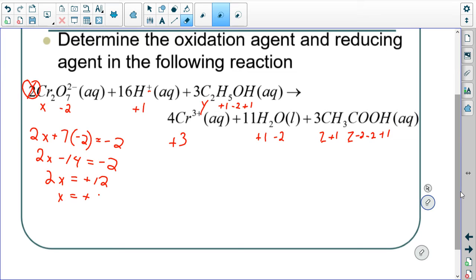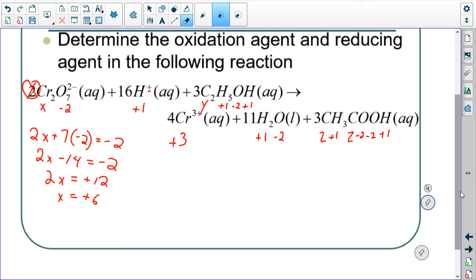X is equal to +6. So this chromium is a +6. Each of those chromiums has an oxidation state, or oxidation number, of +6.